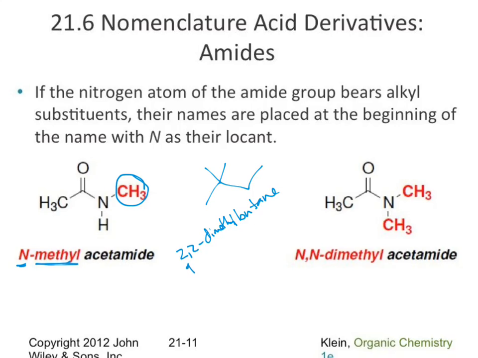We specify the number for each and every single one of our substituents. Same thing's going to happen when we're looking at R groups with our amides, or even for that matter, our amines. So in this case, we have two methyl groups. To specify that they are attached to the nitrogen and not somewhere else in the structure, we'll have to specify an N for each of them, specifying that they are both attached to that nitrogen. What happens if you have more than one nitrogen with different R groups?